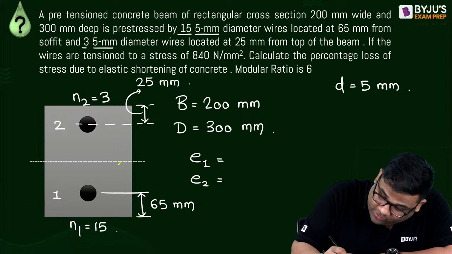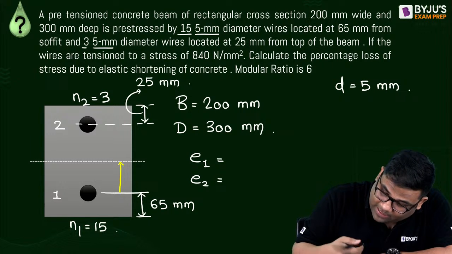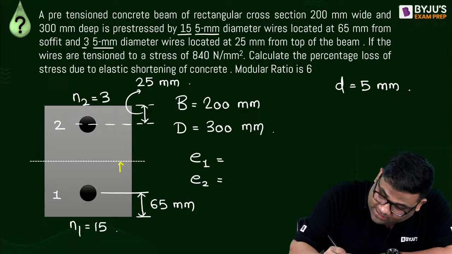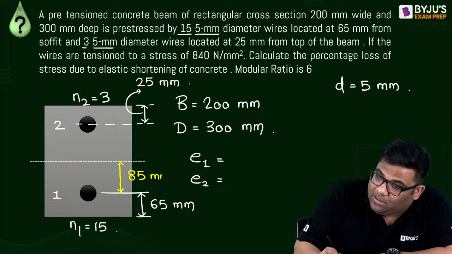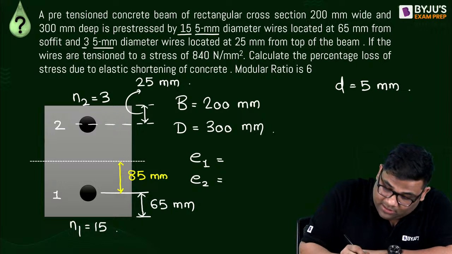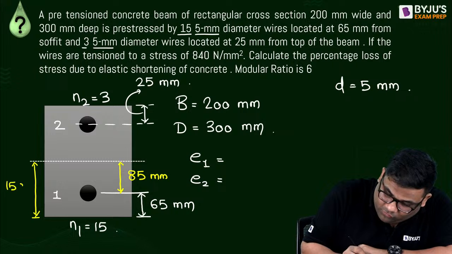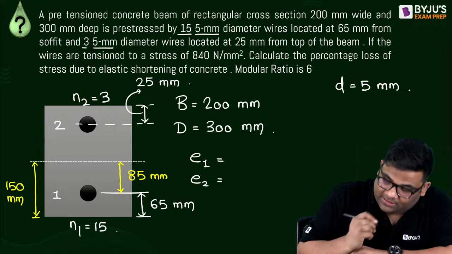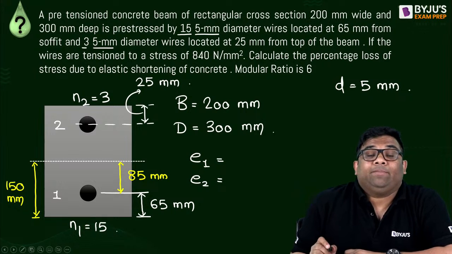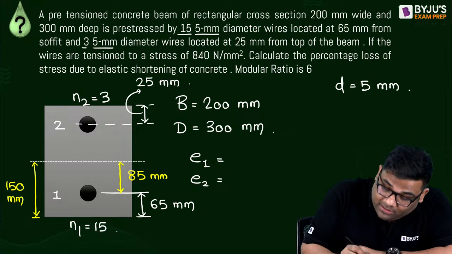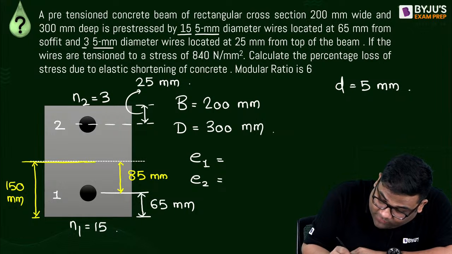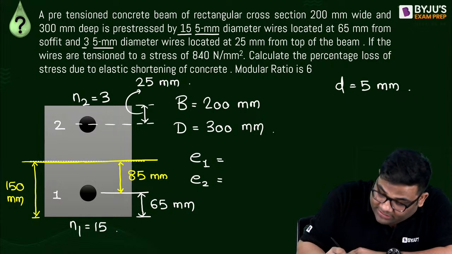There is no doubt that this value will be 85. Why? Very simple. Total depth is 300, so obviously this will be 150. So 150 minus this will be this. Now here there is the concept of sign convention. Below the neutral axis we are taking the eccentricity as positive.